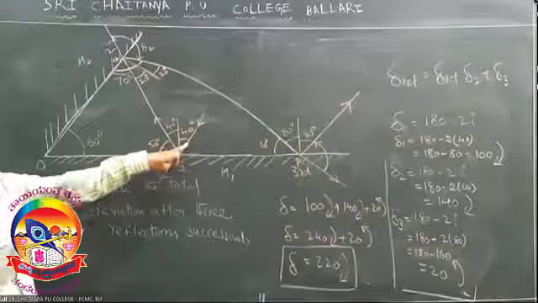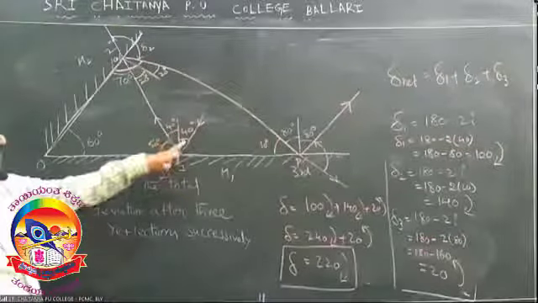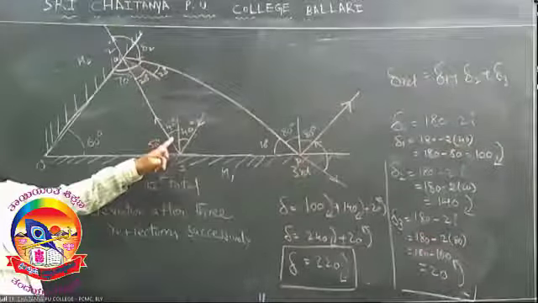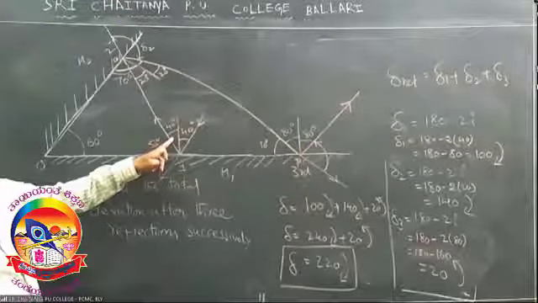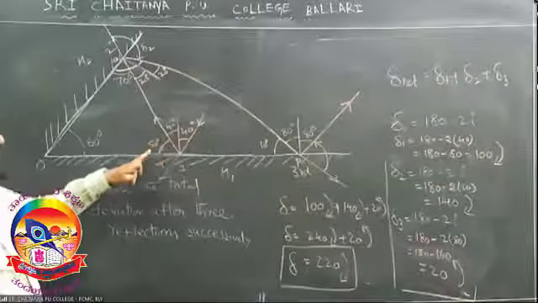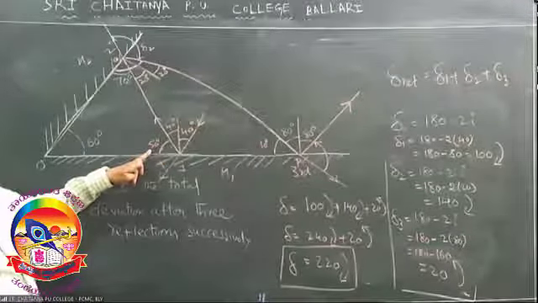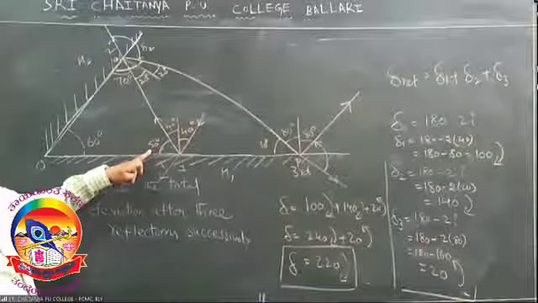This entire diagram we have to draw quickly. In the ray diagram, if this is 40, this is also 40. Why? The angle of incidence is equal to the angle of reflection. If this is 40, this is how much? 50, because the total angle between the x-axis and y-axis is 90.